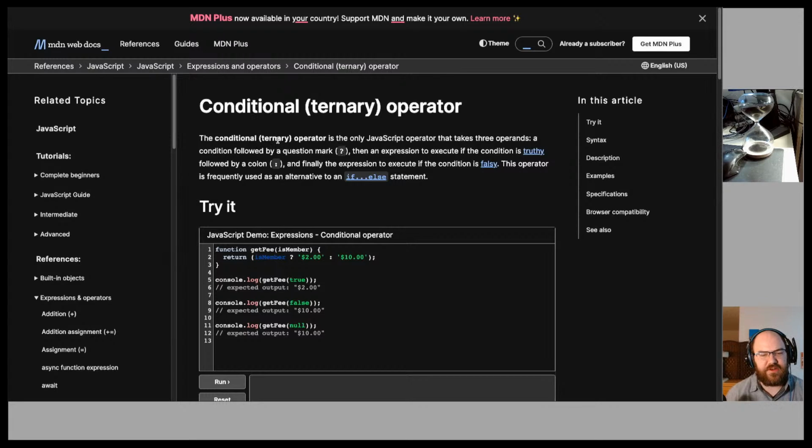The conditional ternary operator is the only JavaScript operator that takes three operands: a condition followed by a question mark, then an expression to execute if the condition is truthy, followed by a colon, and finally the expression to execute if the condition is falsy. This operator is frequently used as an alternative to an if-else statement.